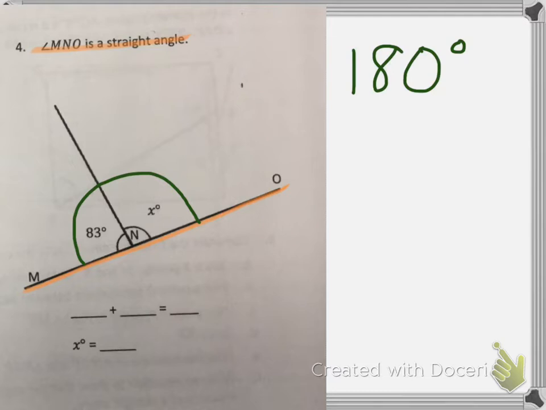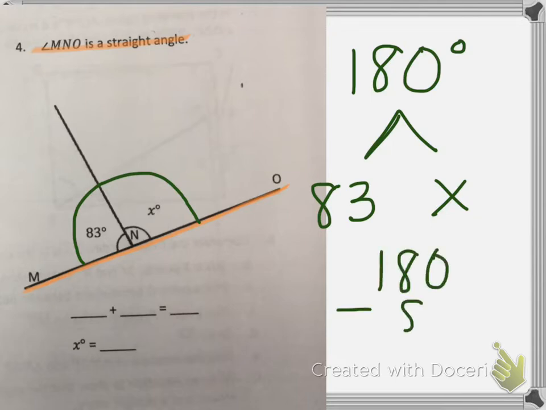And I know part of this is 83, and part of this is X. So 180 minus 83 will give me X. I'm going to subtract.